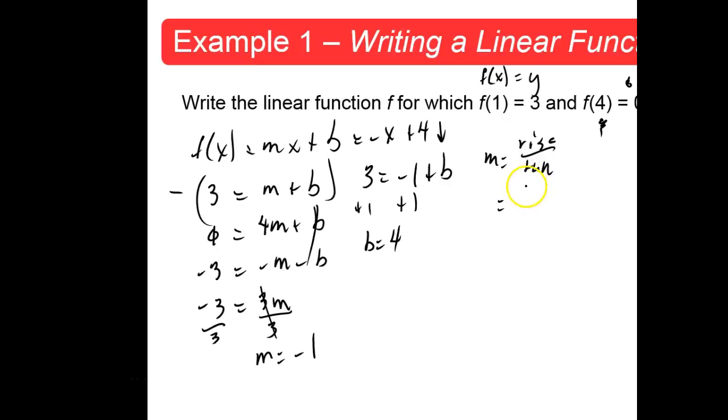How do you want to do that? Which one you want to put first? I don't care. 3 minus 0. Okay, once you choose that, I do care. Because now you have to do your change of x's, that's your run, the same way.